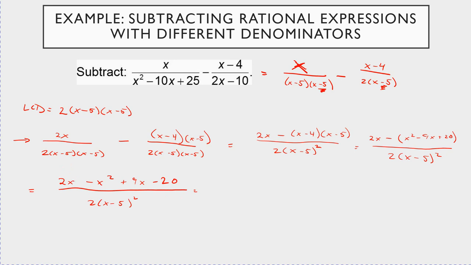Well, you have this negative x squared. 2x plus 9x gets me plus 11x minus 20 all over 2 times x minus 5 squared.